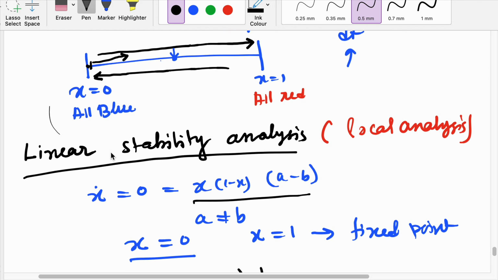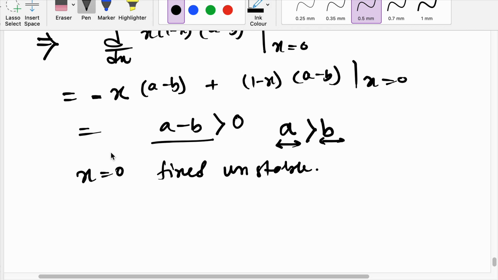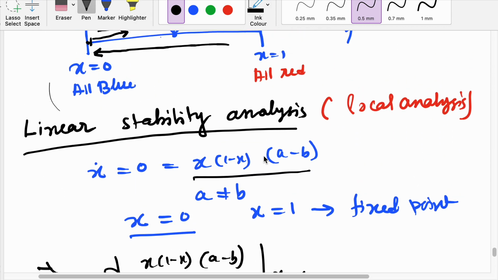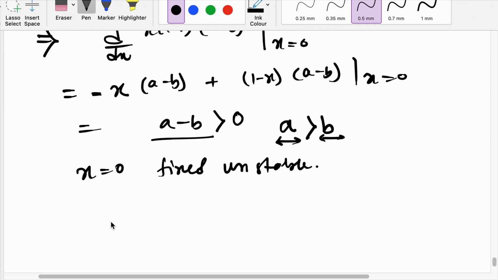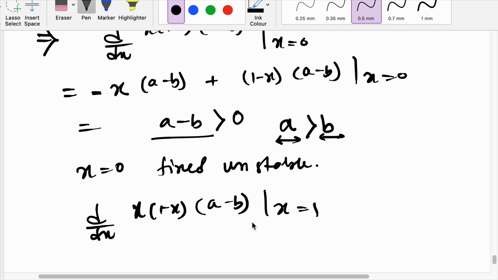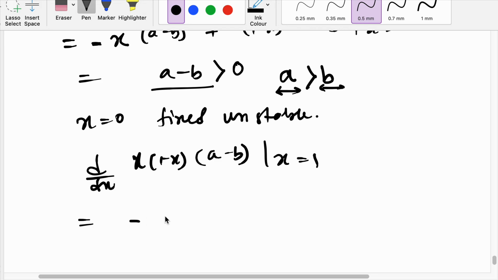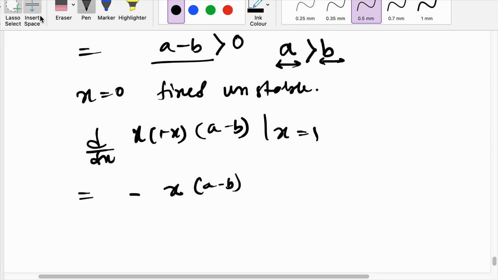Now let's see whether, if a greater than b, red individuals are favored by the selection or not. So we again have to analyze this equation through linear stability analysis. At x equal to 1, you will find that this is a minus b.